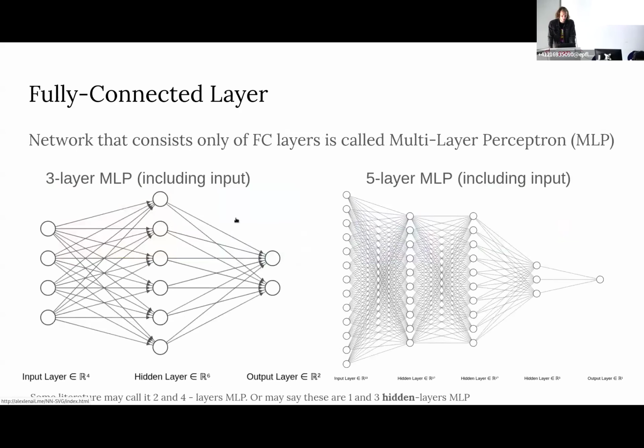So if your network consists only of these fully connected layers, your network is called a multi-layer perceptron. And why so? This whole view of multi-layer perceptrons and fully connected layers is a bit inspired by biology.